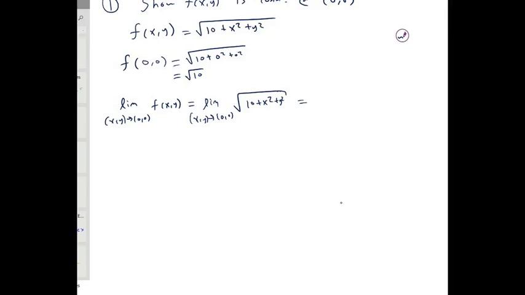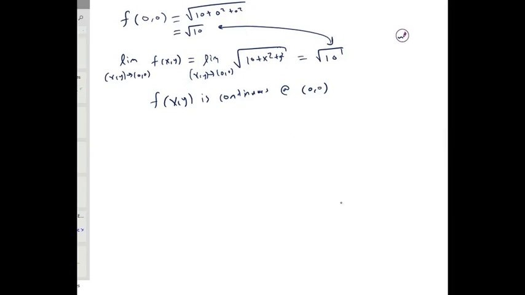Well, in this case we can just plug stuff in, and we'll also get square root of 10. So the limit exists, and the limit equals the function at that point, so f of xy is continuous at 0, 0. We don't know about any other points, but at 0, 0 it's continuous.